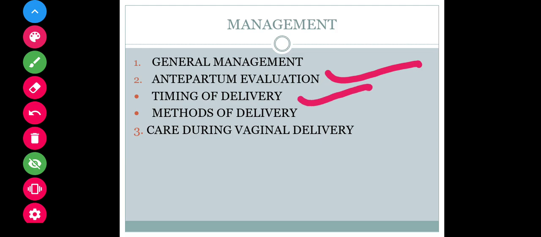So when should the delivery be done? If there is any fetal abnormality, or depending on the duration of pregnancy, before 37 weeks or above 37 weeks. Before 37 weeks delivery should be done. If it is above 37 weeks, check whether any complications are there or not.